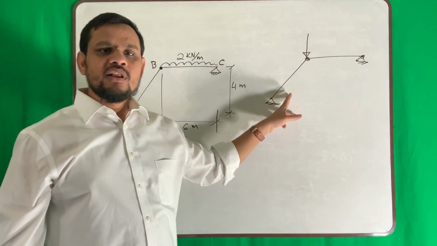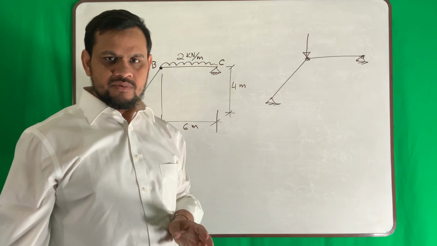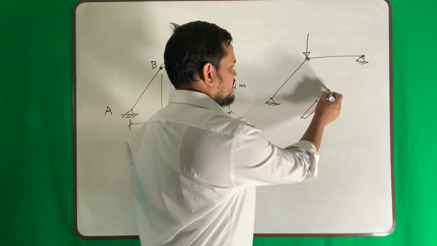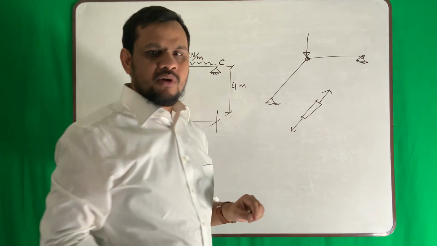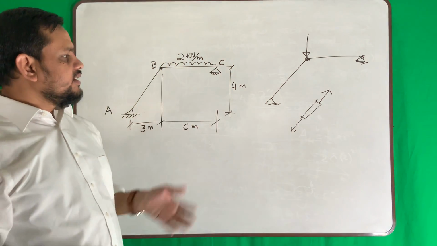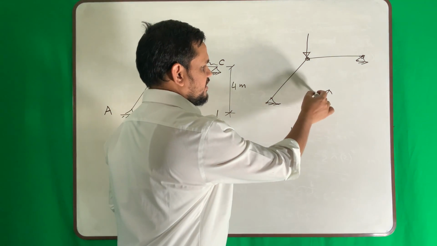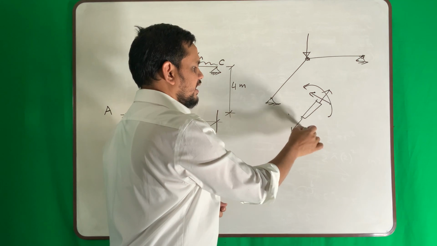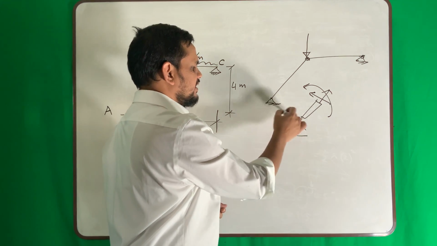In truss, all the members are two force members. Two force member means if I take this member, my force here is either tension or compression. In my frame, there might be some force this way, there might be some moment that way, whatever it is.